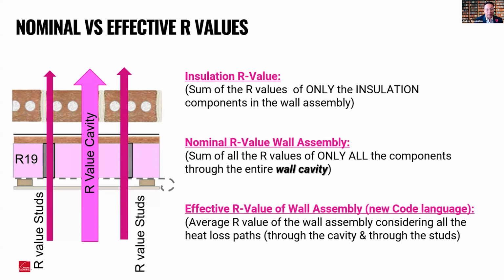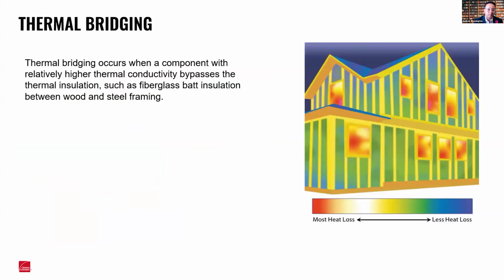Because the studs do not have the same R value as the insulation, they contribute to something called thermal bridging. Thermal bridging occurs when a component with a relatively higher thermal conductivity bypasses the thermal insulation. For example, the heat would go through the wood or steel framing versus the insulation.